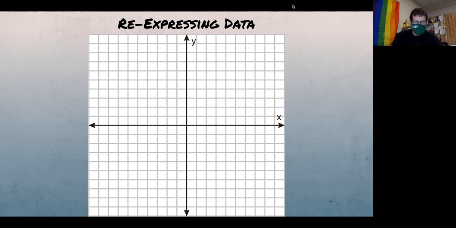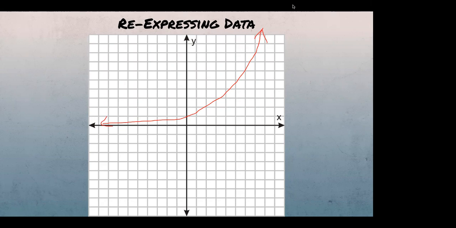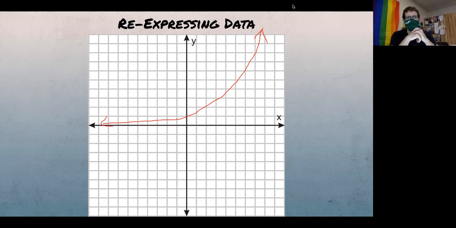So if I gave you, I'm going to see what you guys can remember. If I gave you a graph that looks like this, what kind of function is that? Exponential. Good job. Now we come to the next part. What is the opposite of an exponential function?